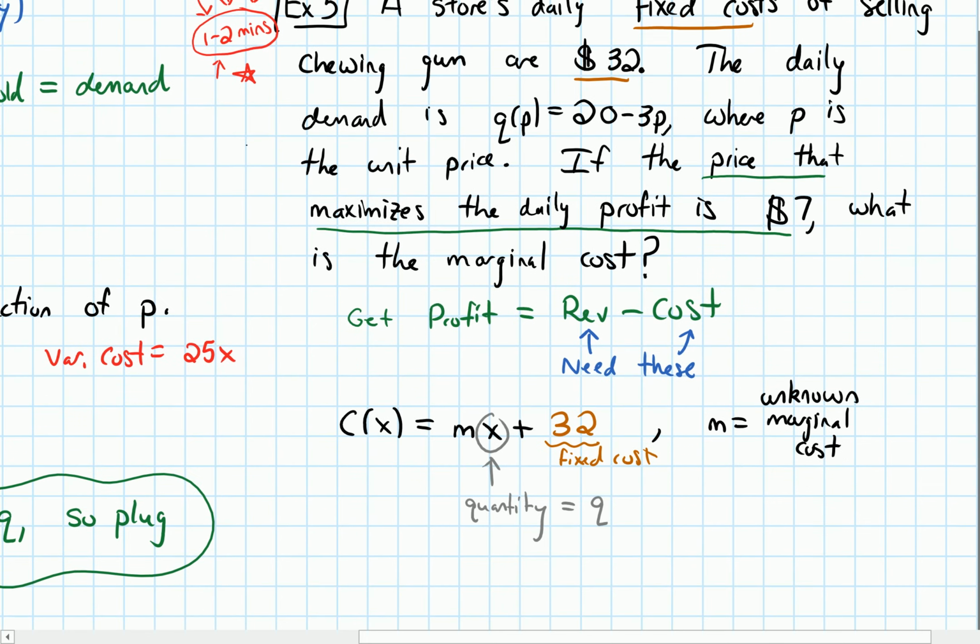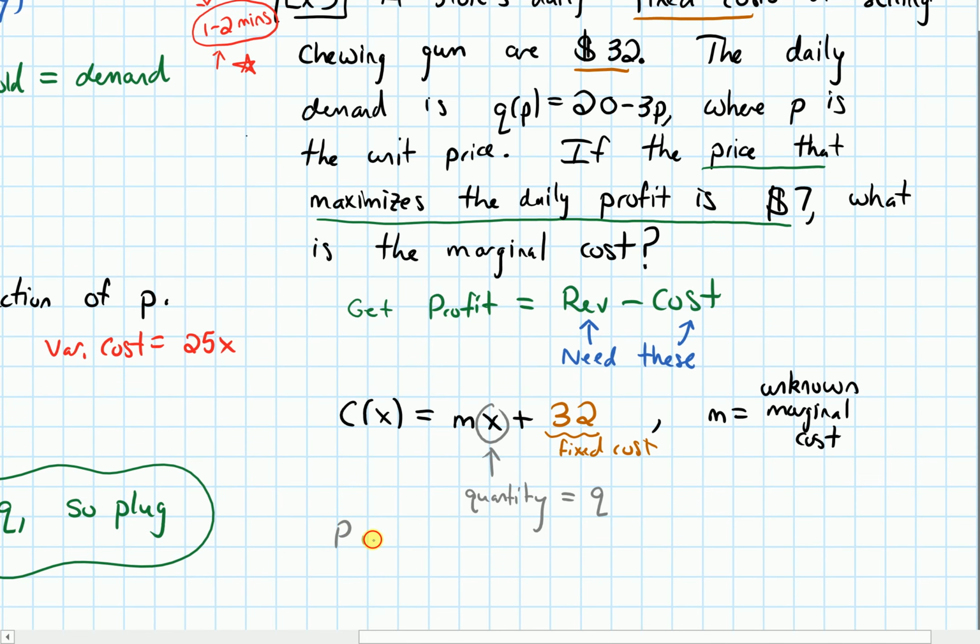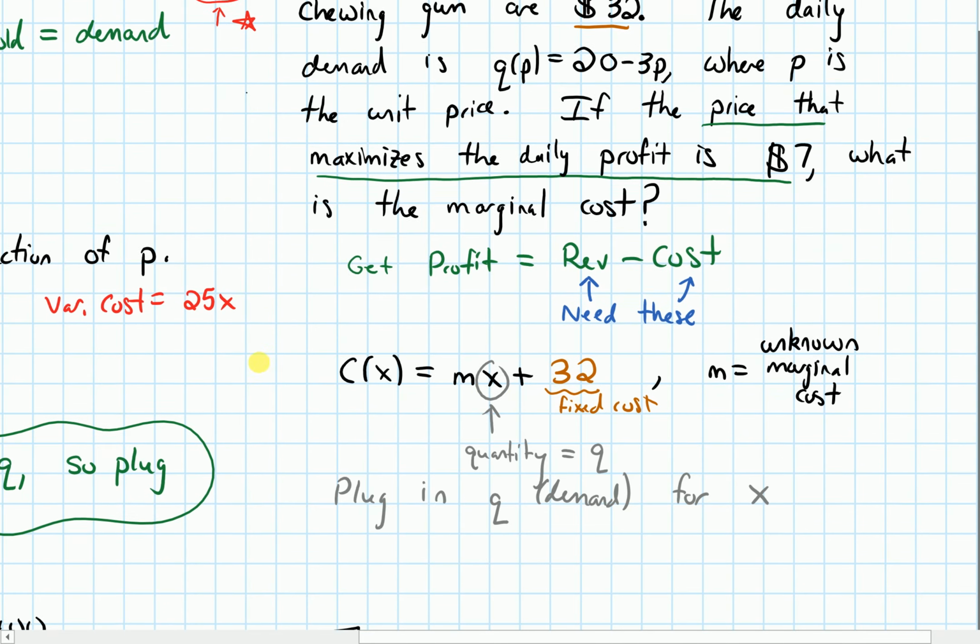Now I'm going to plug in q, and what I mean by q is the demand for x. So the quantity that they sell, x or q, is the demand. Okay, so we'll plug in the demand for x.